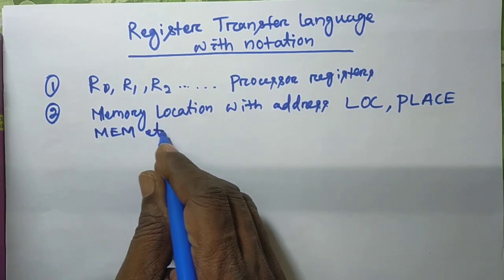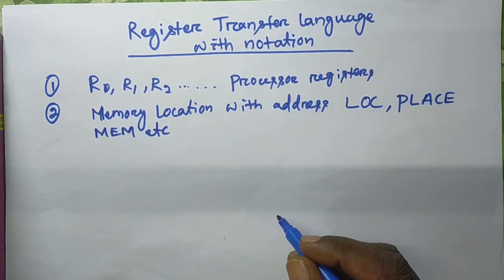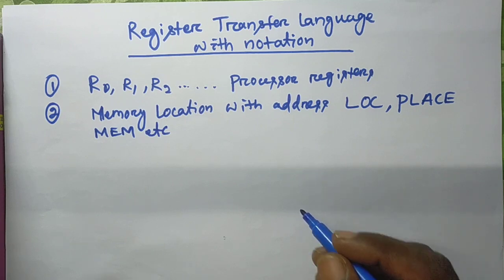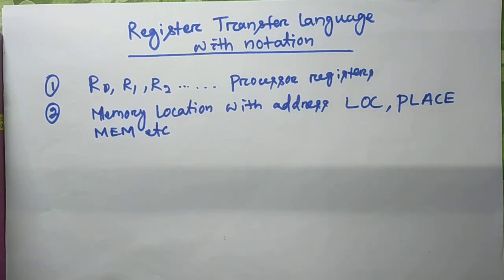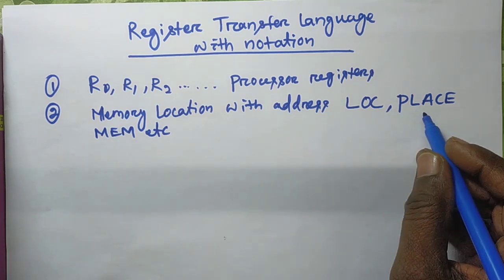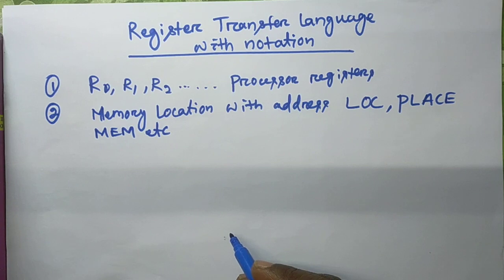These can be defined with a standard notation for memory location. For processor registers we use R0, R1, R2, up to Rn, n number of registers. For different memory locations we use LOC, place, or memory, etc.